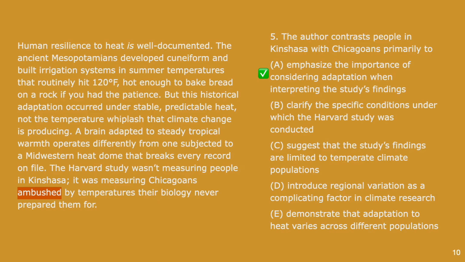The author is highlighting that people in Chicago experienced cognitive decline because they faced temperatures their biology wasn't prepared for. The contrast shows that adaptation matters. The study's results tell us about unadapted populations, not all humans everywhere.